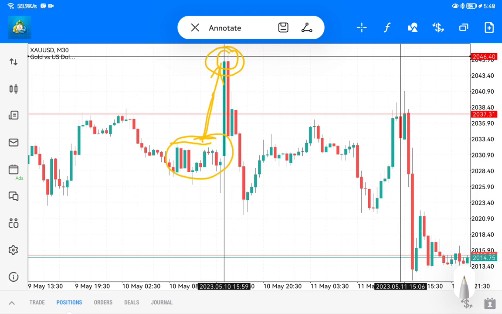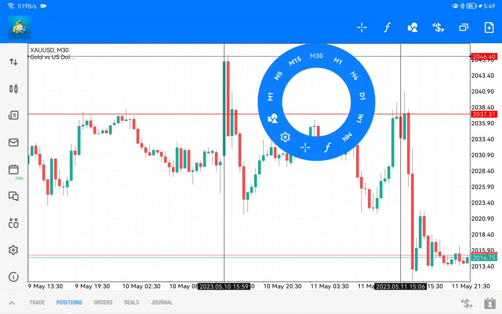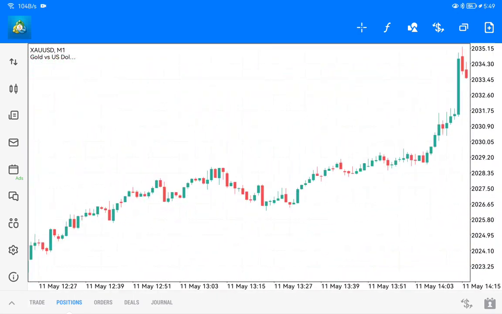So, paano ba sinusogeking? You will be looking at the 1 minute time frame. I-zoom in natin siya sa 1 minute.